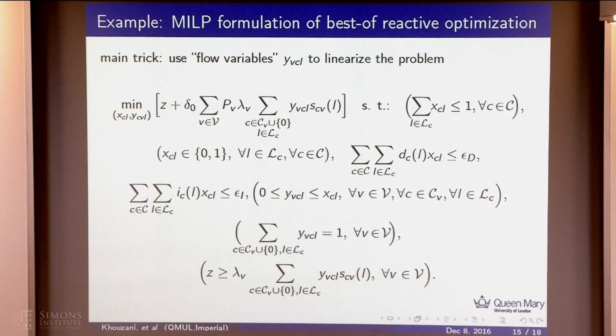Yeah? And then the other constraint on the flow variables is that, given a vulnerability, the sum of the flows has to sum to 1. This means that some of the flows have to be non-zero. So the minimization engine has to pick some of the flows, and as it is minimizing the security risk, it is going to pick the one that has the lowest success rate for the vulnerability.